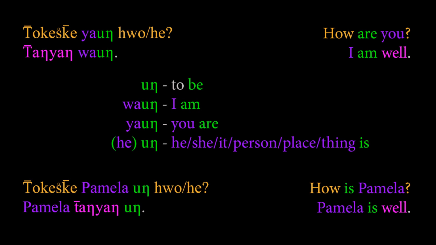This he means he or she or it or a person or a place or a thing. That's why it's all purple. So in the Lakota, it's pronounced differently from the English. It's a different language, so it's a different pronunciation, even though it's spelled the same. He or she or it or a person or a place or a thing.